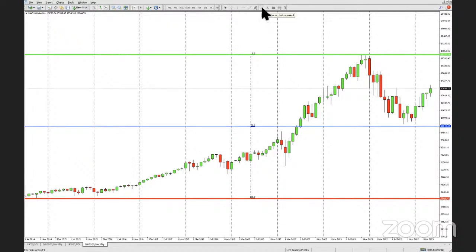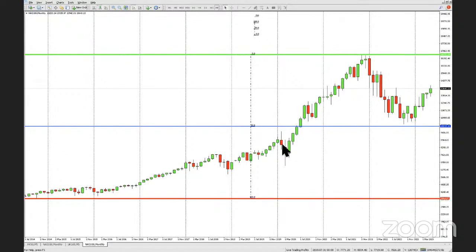So I'm using the Fibonacci retracement tool, and in terms of the Fibonacci properties that I have, I've just got the 0, the 0.5, which is 50%, the 1, which is 100%, the 2, 200, and the 1.5, which is 150.